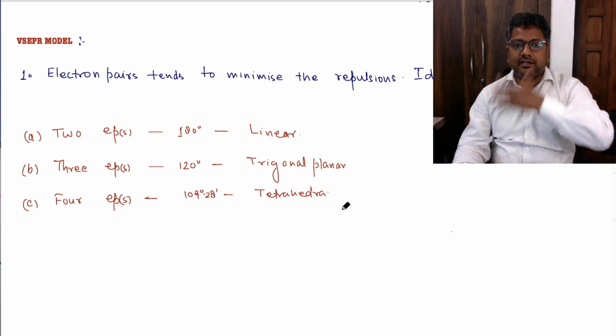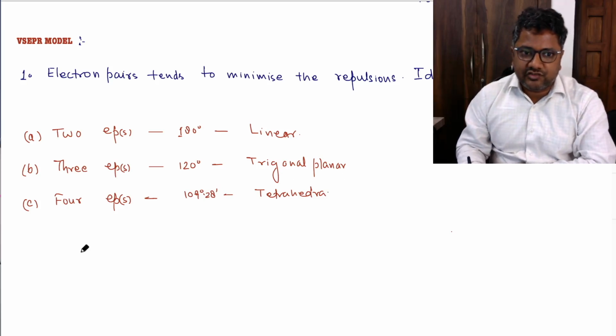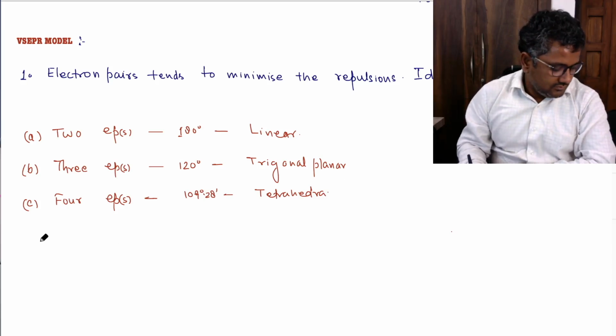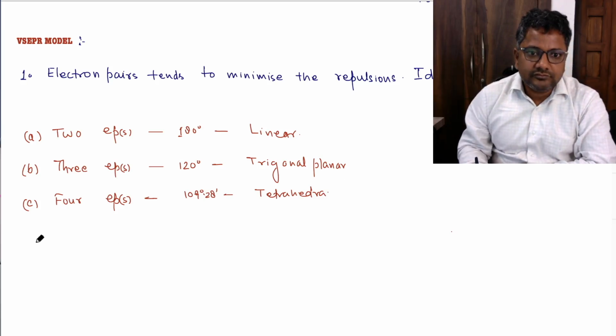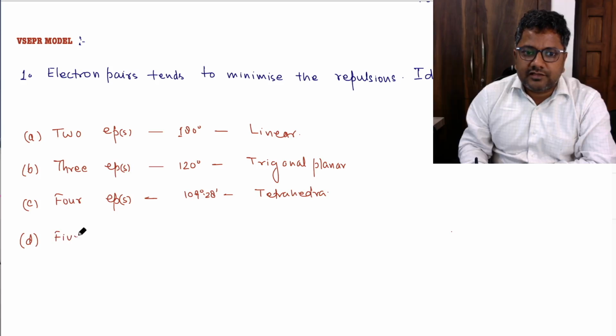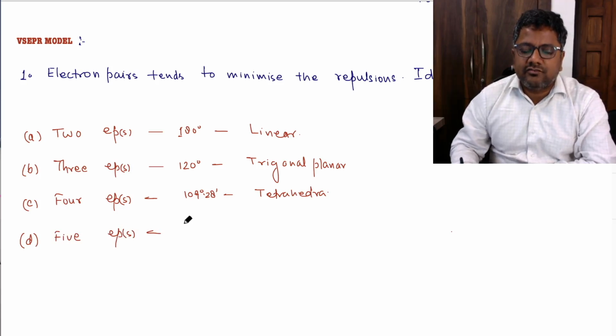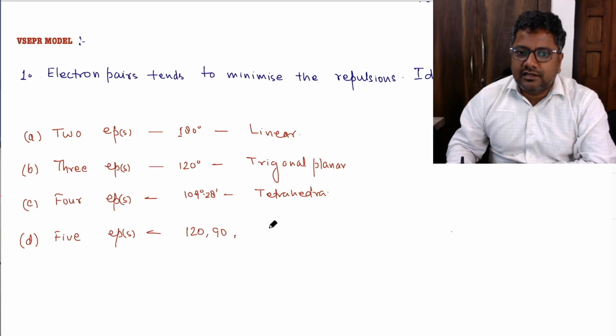Already we have completed this in hybridization, right? Now next, five electron pairs. So this is 120 and 90 degrees, and trigonal bipyramidal.